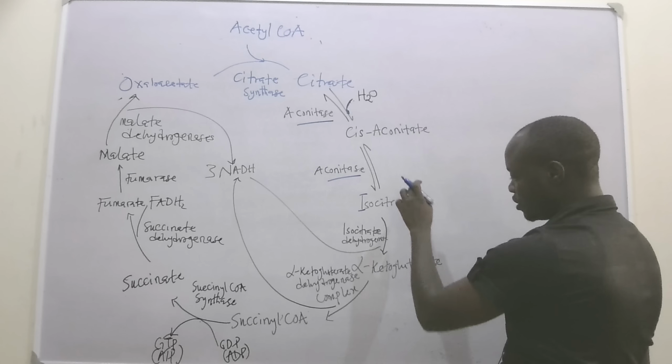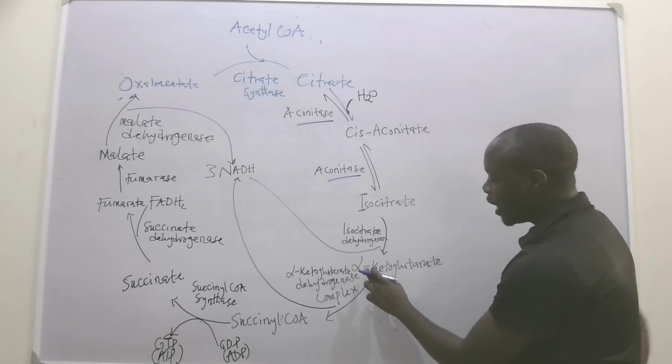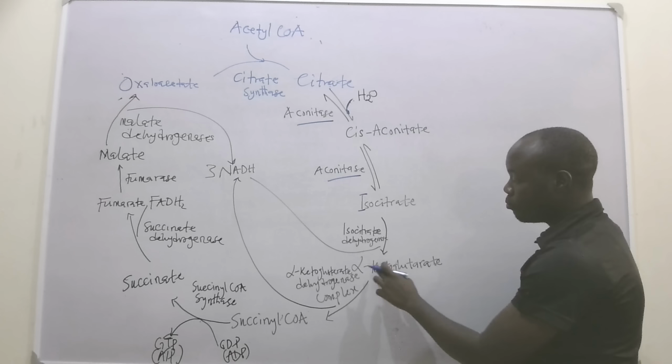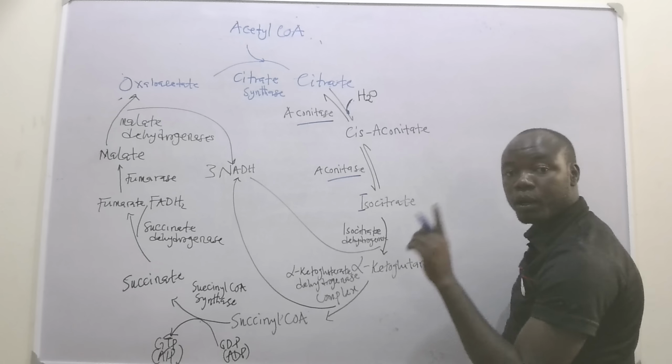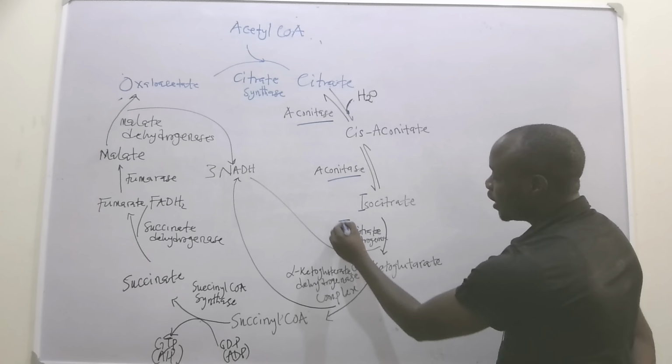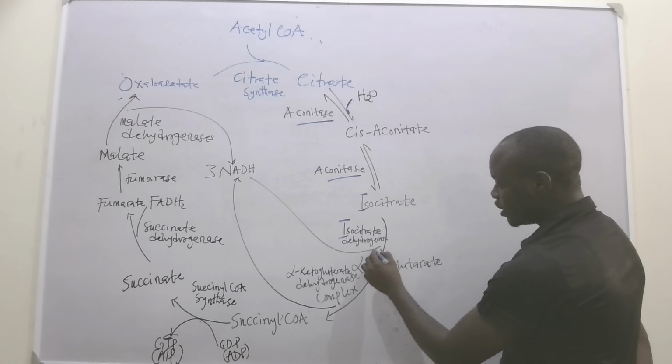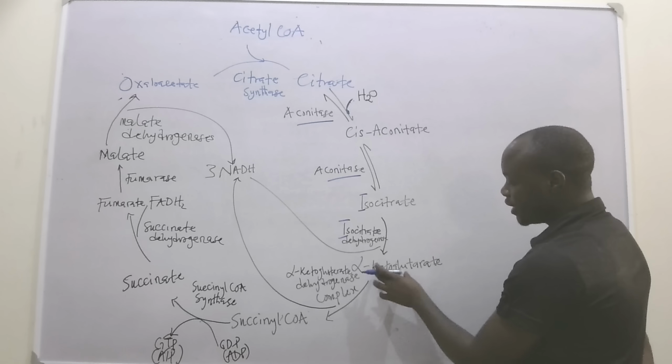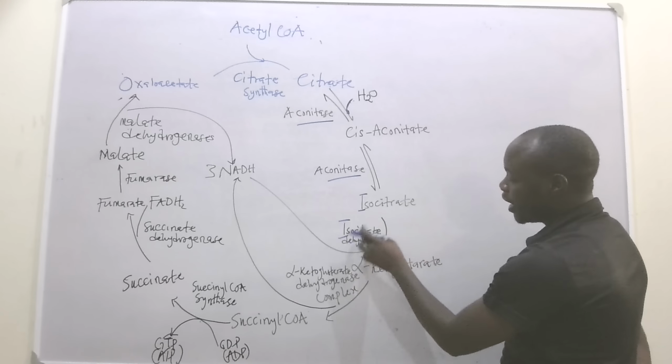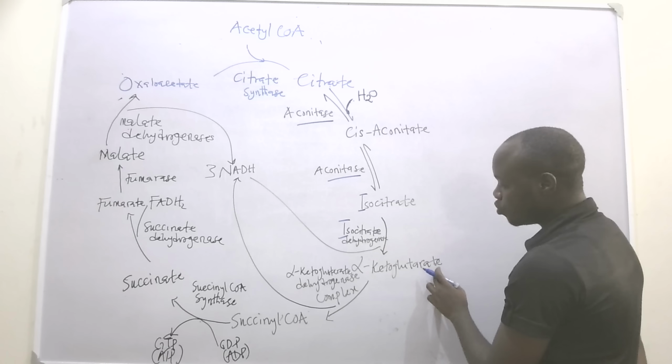Then this isocitrate will be converted to alpha-ketoglutarate by the work of an enzyme called isocitrate dehydrogenase. So isocitrate dehydrogenase is an enzyme that converts isocitrate to alpha-ketoglutarate.